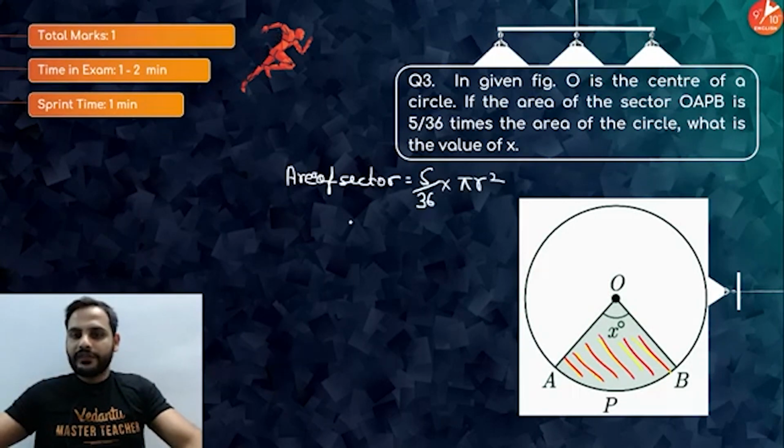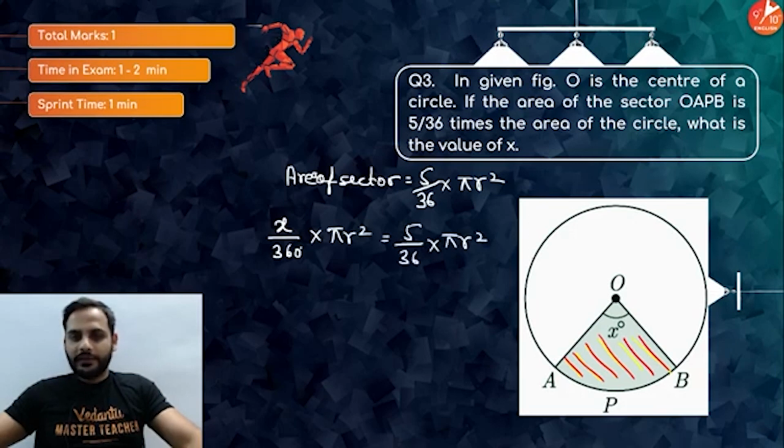And we know the area of the sector formula is x, the central angle, divided by 360 into pi r square. So it is equal to 5 by 36 into pi r square. Pi r square got cancelled. Here I guess 36 on the 360, 10 times. Shift 10 over there. x is equal to 10 into 5.